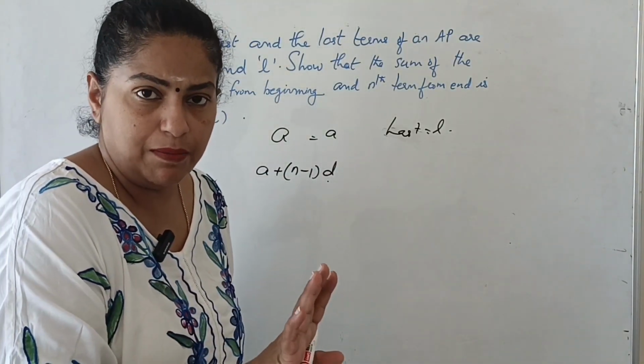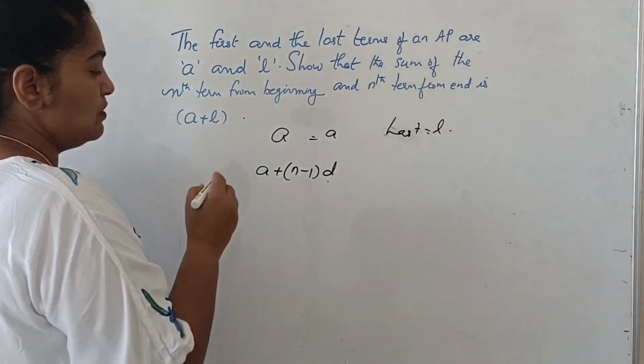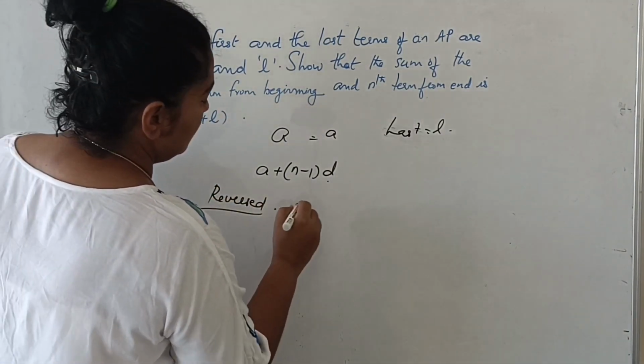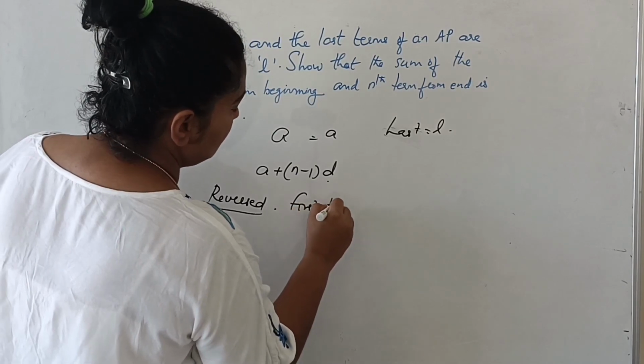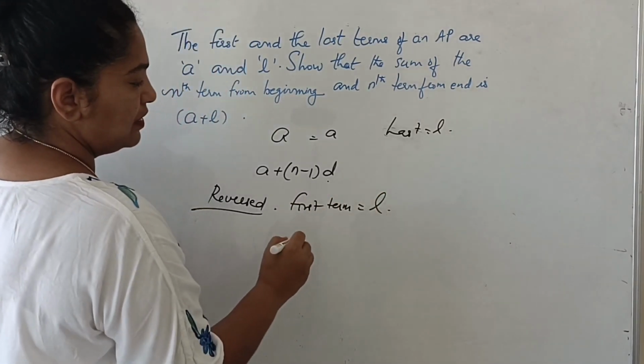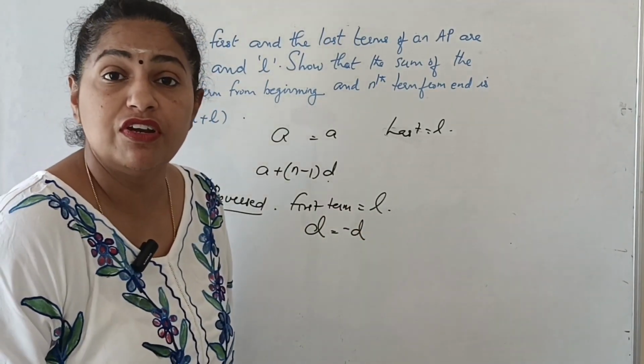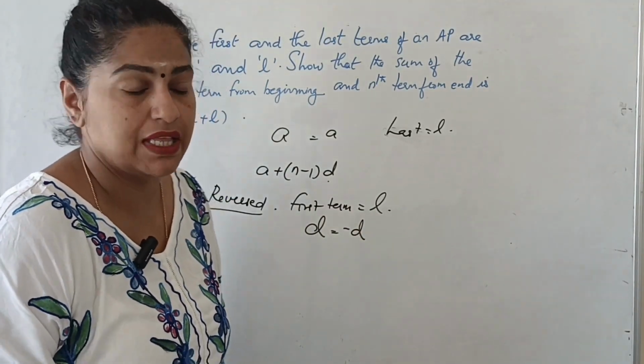If we are reversing the AP, the last term becomes the first term. So in the reversed AP, the first term is L. Now my common difference actually becomes the common difference with a negative sign because we are reversing the AP.